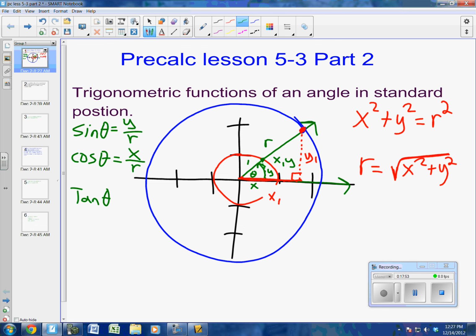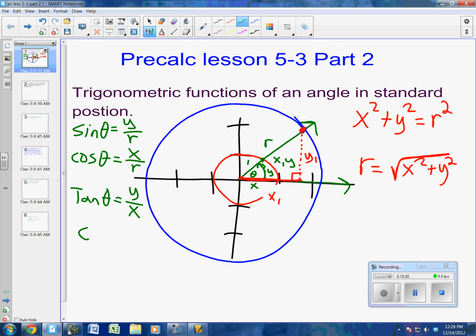This is for a non-unit circle. What's tangent defined to be? y over x. Opposite over adjacent, right? Is this one any different than the one on the unit circle? It's exactly the same as a unit circle.